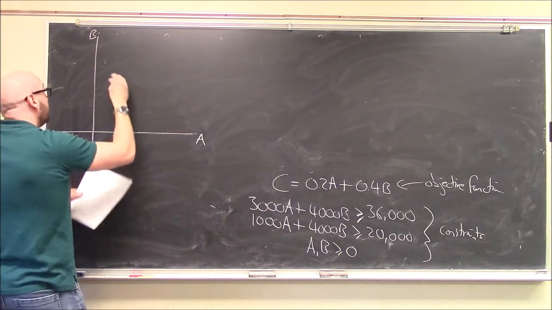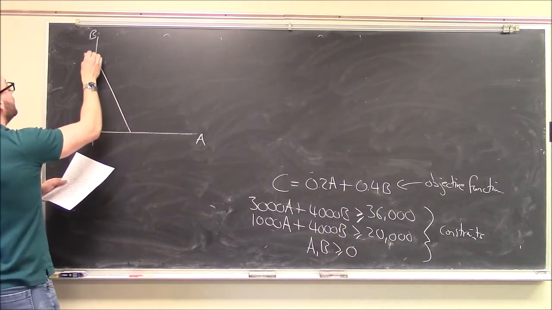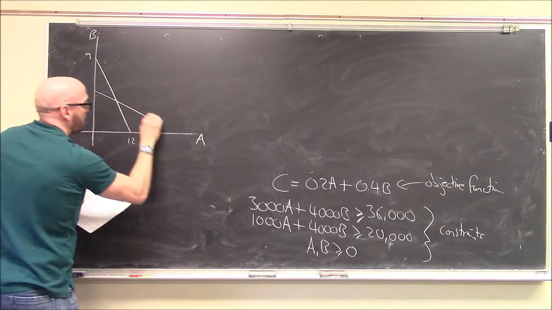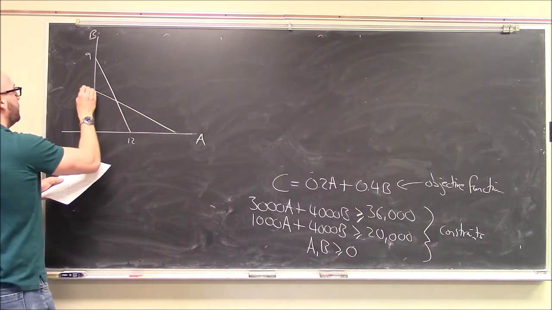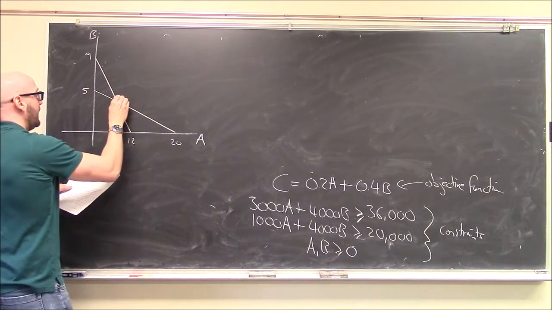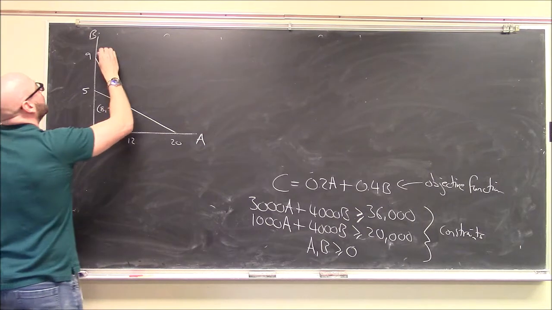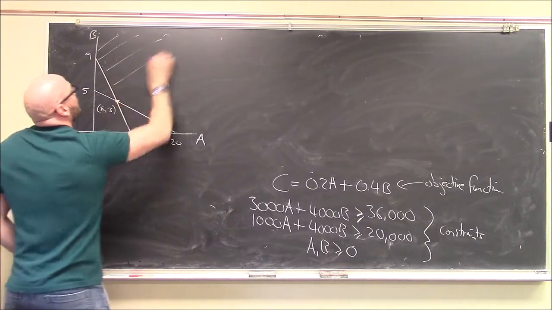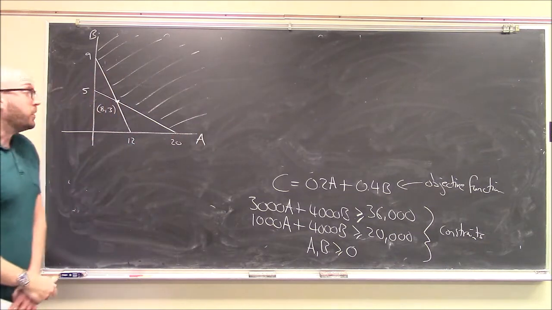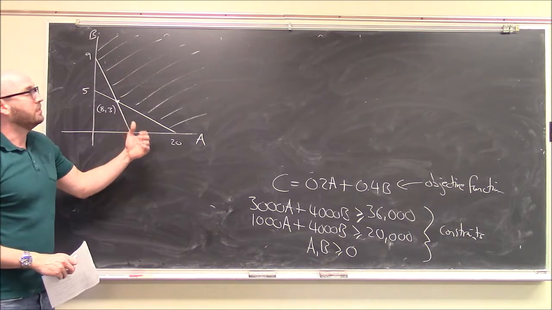If you sketch your feasible region, you get something like this. 9, 12, 5, and 20. And this corner point right here is 8 and 3. So our feasible region is unbounded, therefore no maximum exists. That should not come as a surprise.